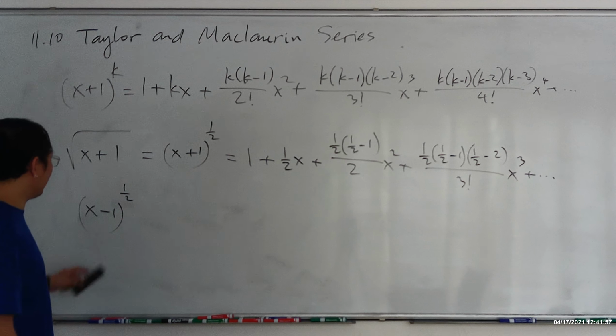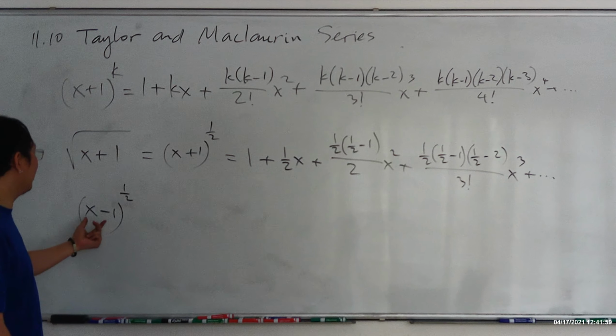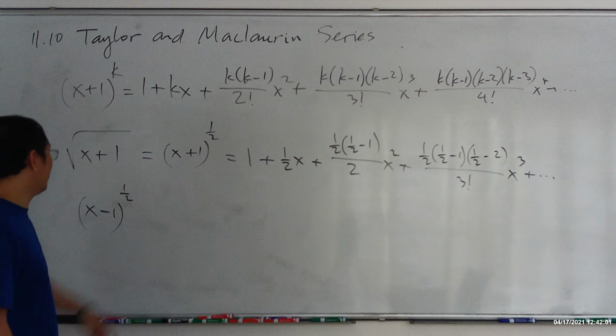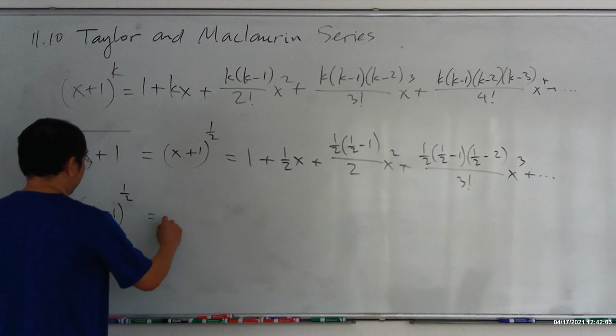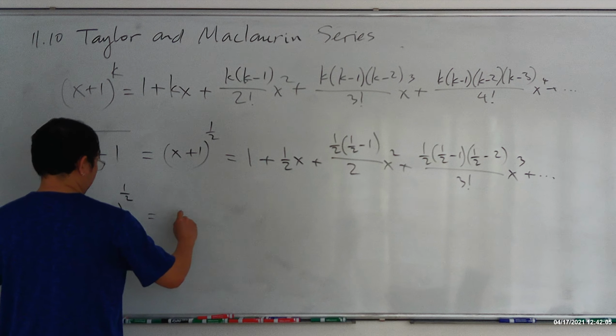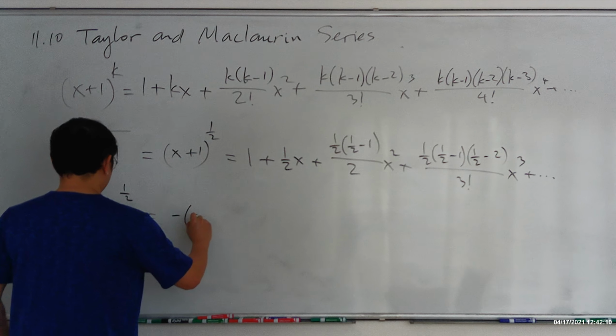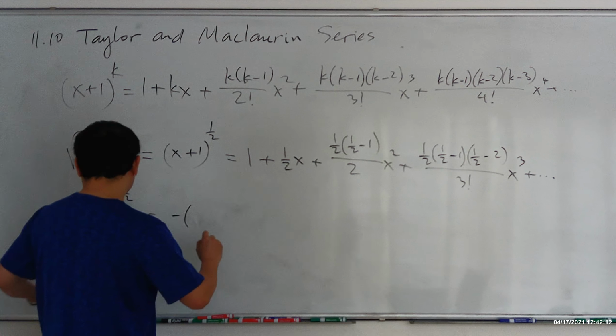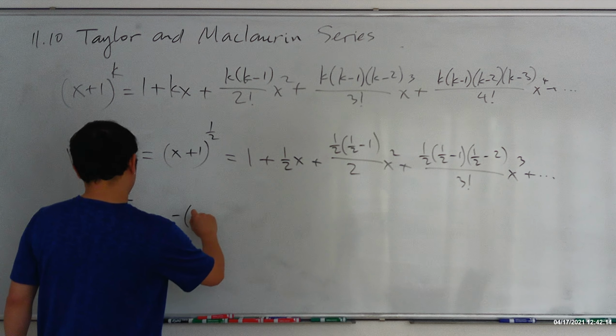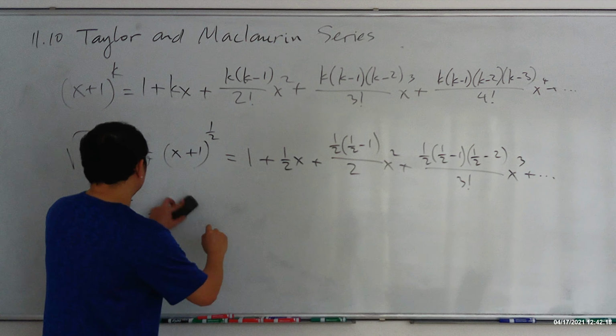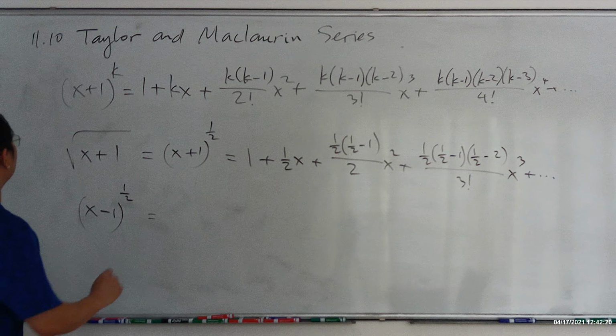Okay? So this one right here, you have to modify this a little, make it look like a variable plus 1. So how do I think of it? 1 plus x, right?